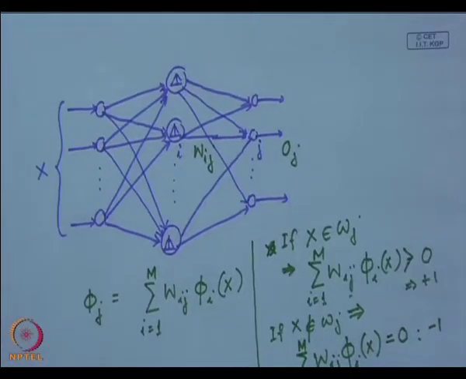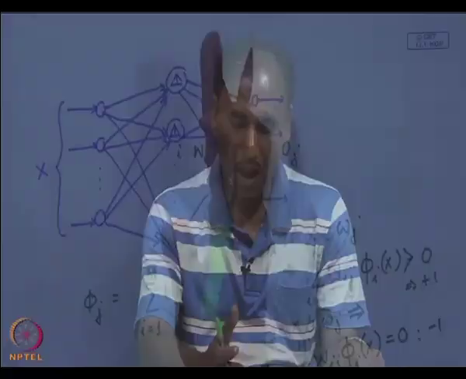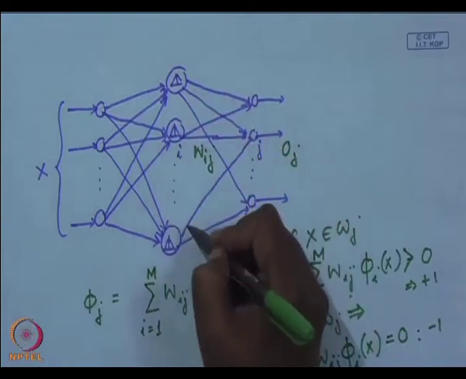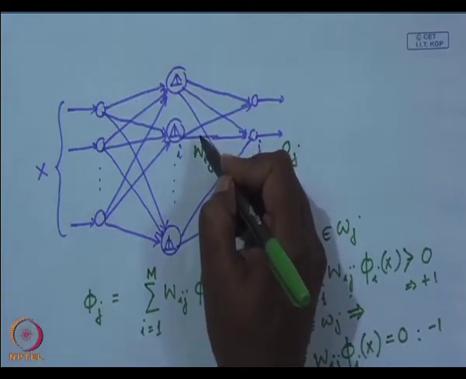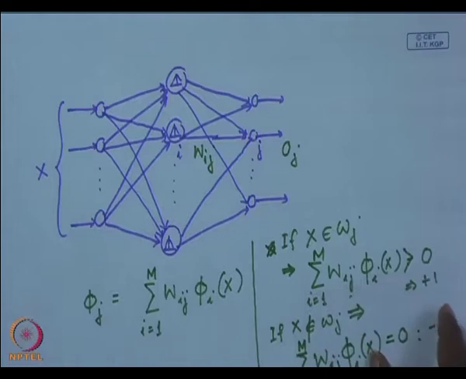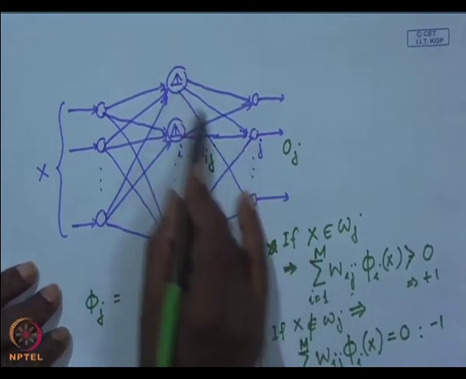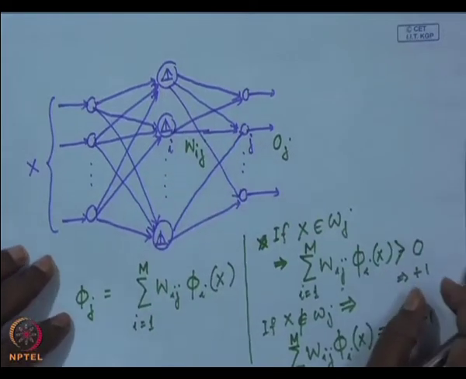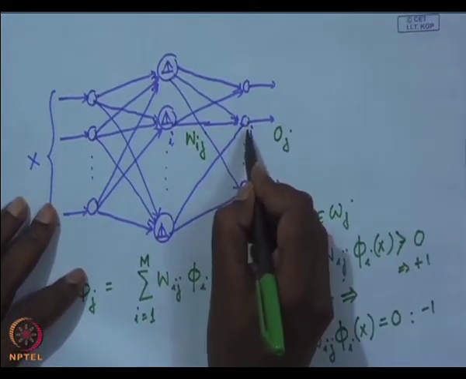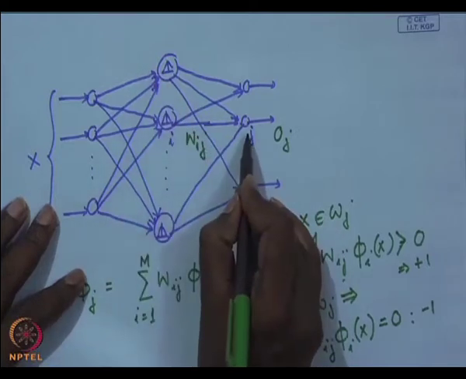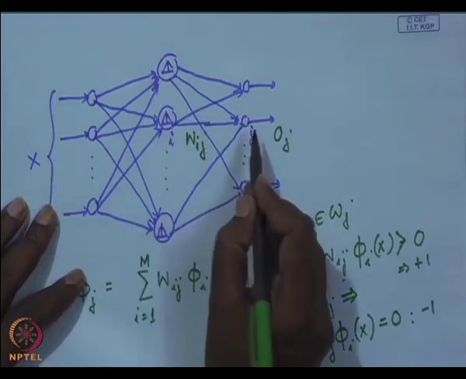Now, taking this, I can go for training of the output layer. That means I have to find out what should be the values of this W i j. Now, if I right now consider only the connection weights which are connected to the jth node in the output layer, then for every vector x k, suppose I have capital N number of vectors.